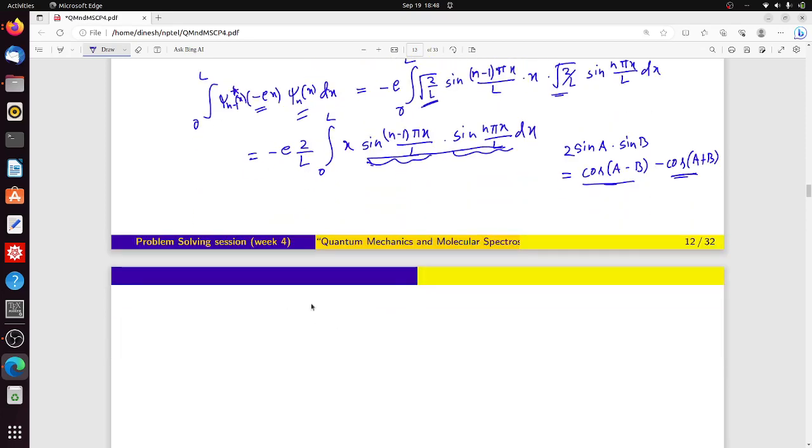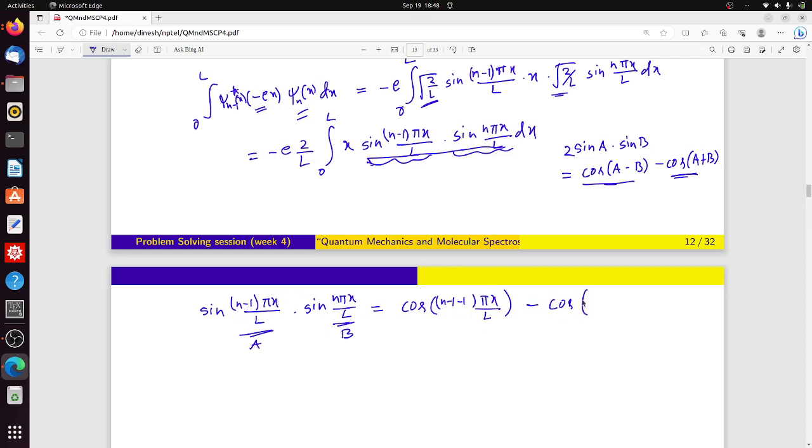Then we can write sine of (n minus 1) pi x over L and sine n pi x over L as cos (a minus b). This is a, this is b. So this is (n minus 1 minus n), and other parts are constant, so I can write pi x over L, right? So this is cos (a minus b), then minus cos (a plus b).